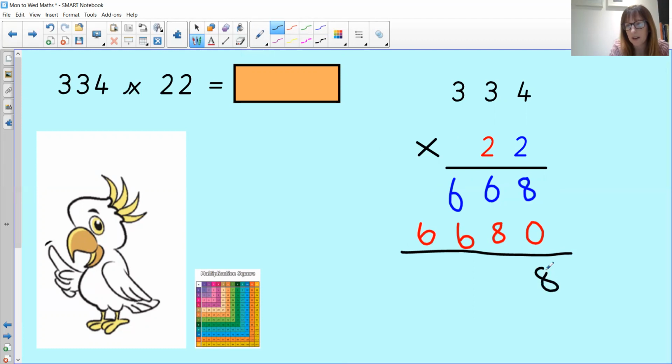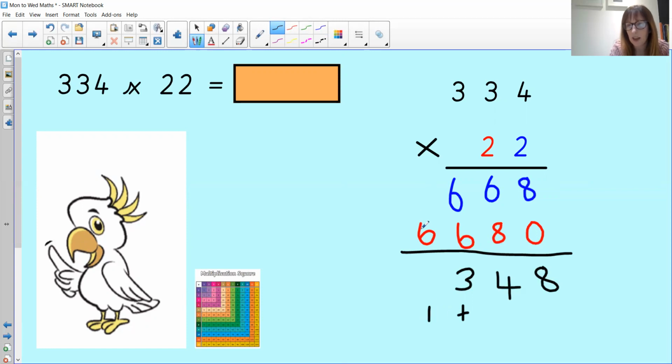So 8 add 0 is 8. 6 add 8 is 14. 6 add, I'll move my one down. 6 add 6 is 12. Add the 1 is 13. Regroup my 1 over in the thousands.